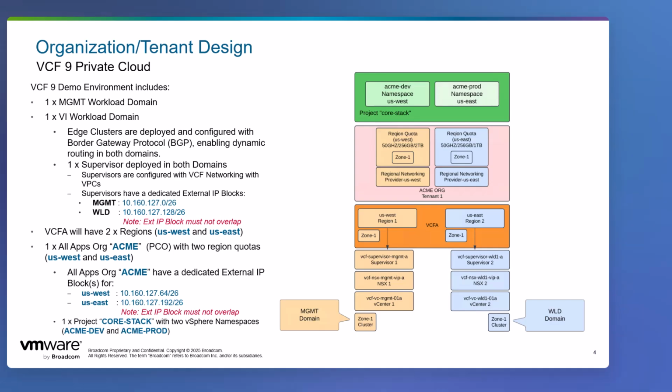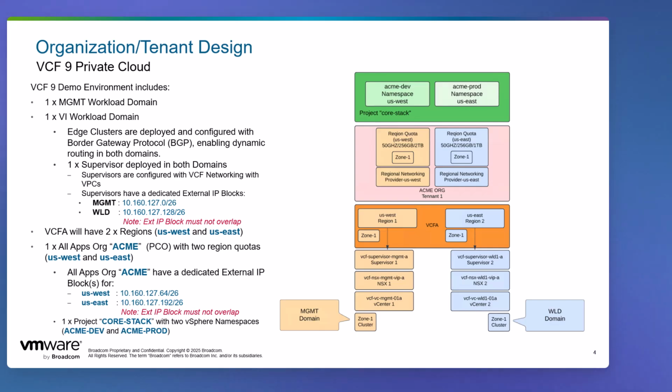Each domain has dedicated vCenters and NSX managers, and the edge clusters are deployed and configured with Border Gateway Protocol, or BGP, to enable dynamic routing in both domains. We also have a supervisor deployed in each of the domains. These supervisors are configured with VCF networking with VPCs and have dedicated external IP blocks to enable external connectivity.